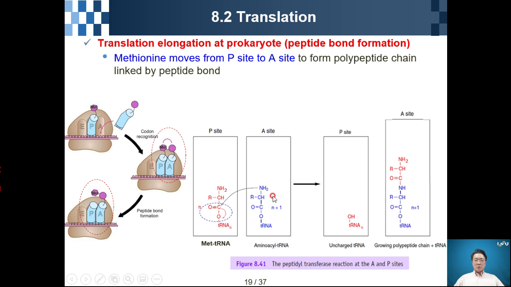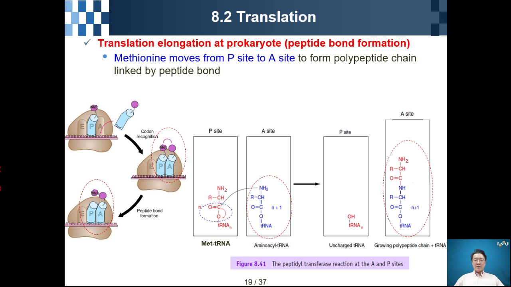This amino group attacks the carboxyl group. After that, a peptide bond is made between the carbon and nitrogen, like this. After that, the methionine tRNA becomes an uncharged tRNA, like this. So this is the peptide bond formation.